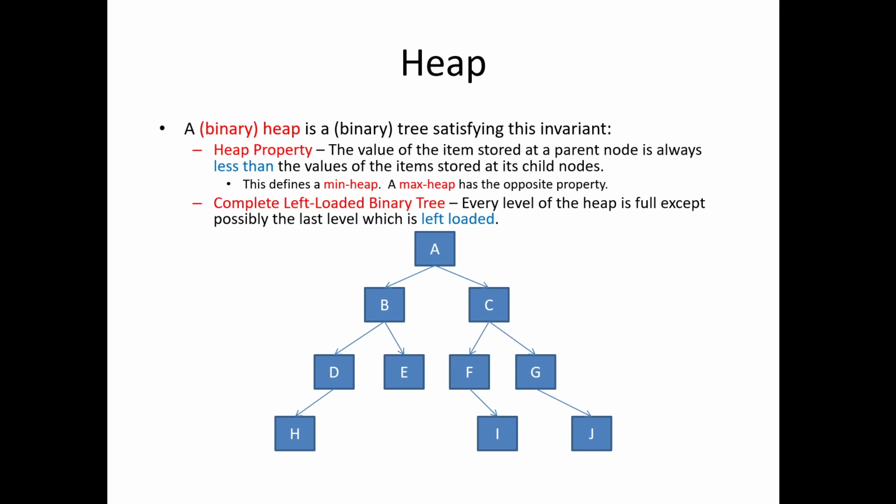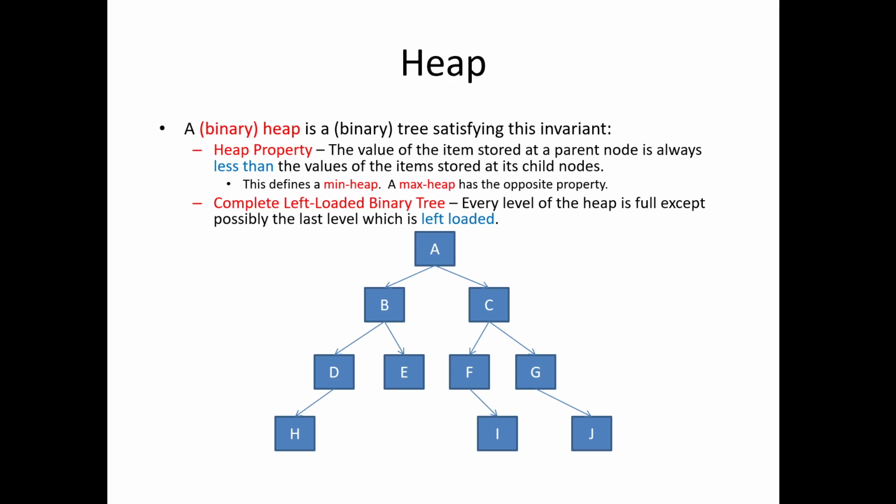It says here that the value of the item stored at the parent node is always less than the value of the item stored in the children nodes. Again, this is what defines a min heap. If we change the less than to greater than, then we have a definition of a max heap. Again, one keeps the minimum element on top, the other one will maintain the maximum element on top.